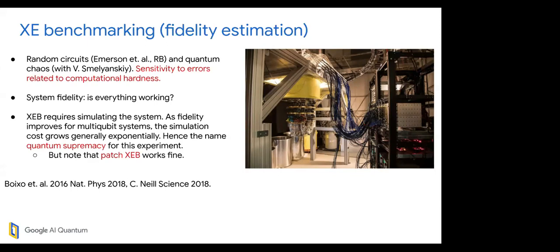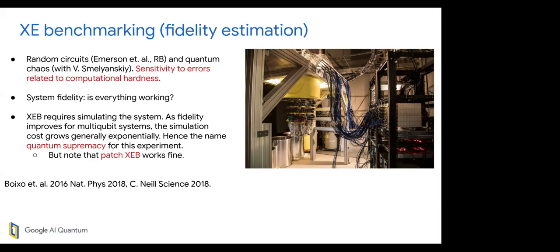To calculate the ideal probabilities, you need to execute a classical simulation, and these classical simulations become exponentially expensive in the number of qubits. So this gets very hard to do. But on the other hand, once we start sampling for circuits that are too large to calculate these probabilities, that's when we're entering the quantum supremacy regime.